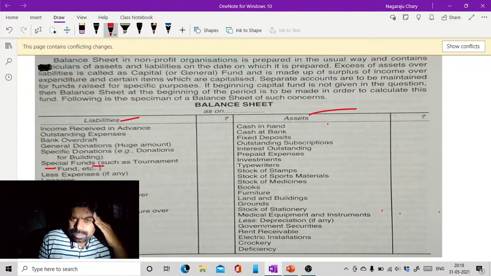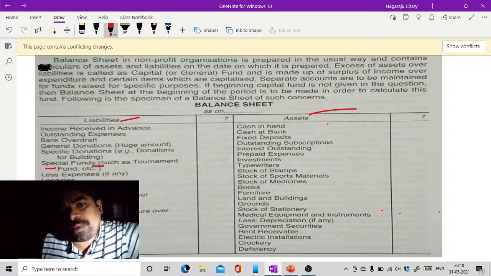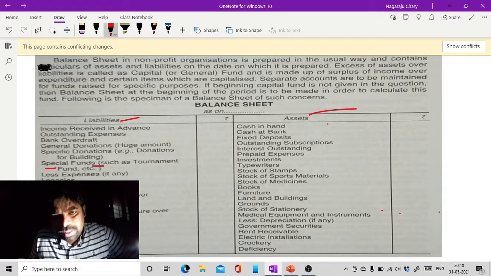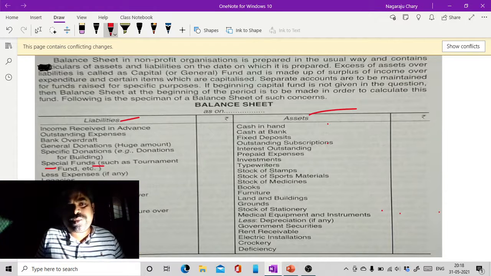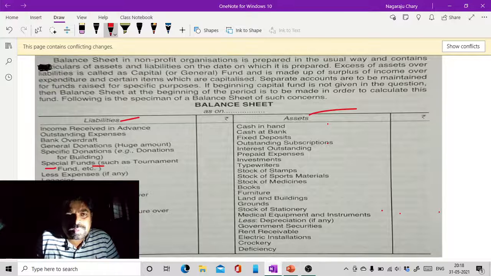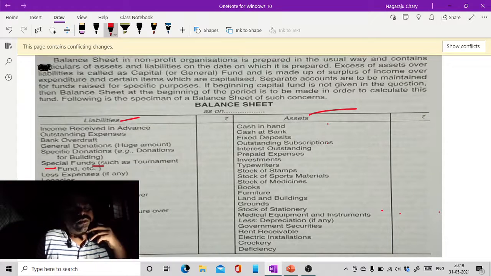So this is a pro forma that you see in non-profit organizations. In this pro forma, let us see the liability side.